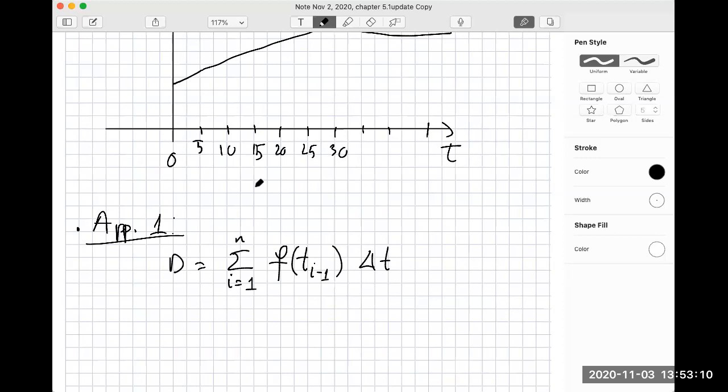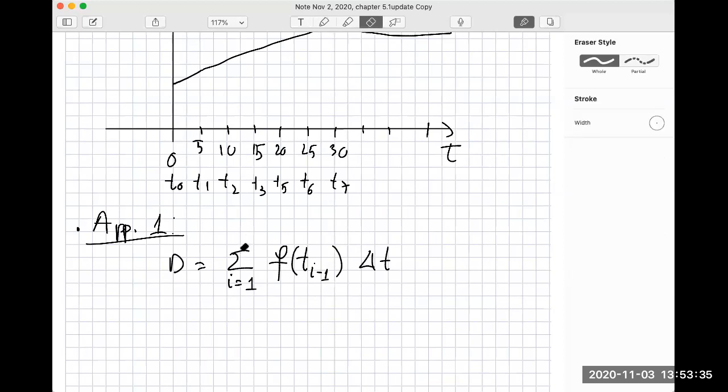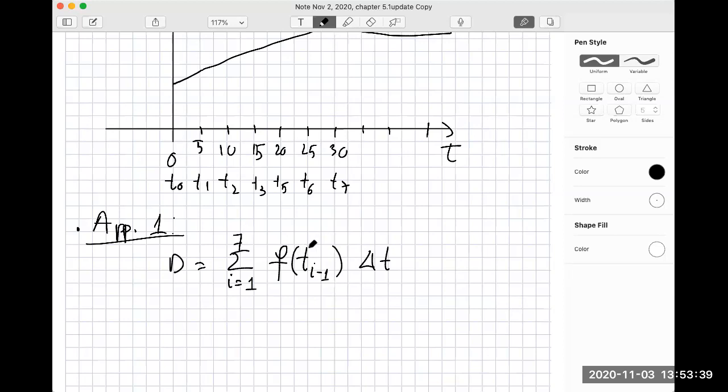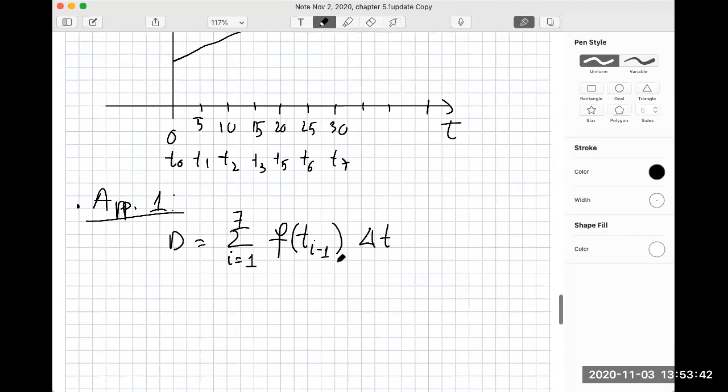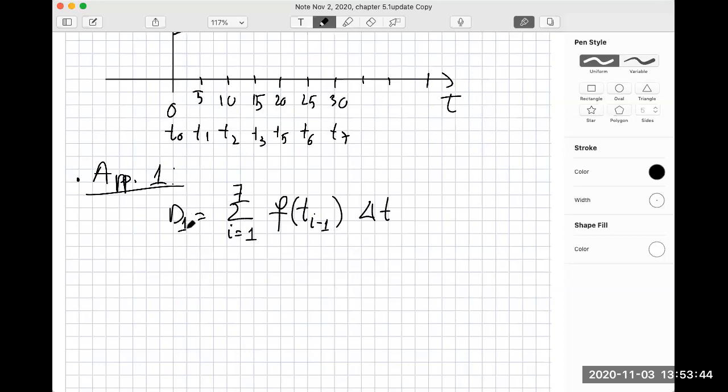If we mark it 0, or T0 here, T1, T2, T3, T4, T5, T6, T7, then it would be from 1 to 7 here, right? In our case, that is the first method. Or let us call it D1.